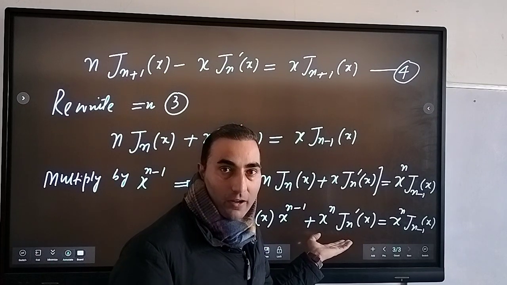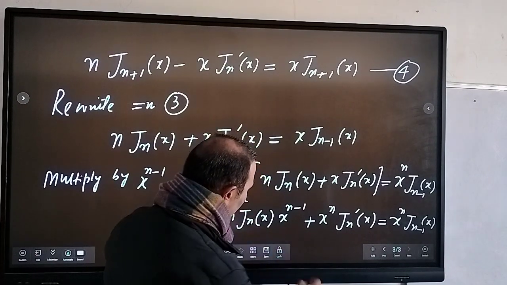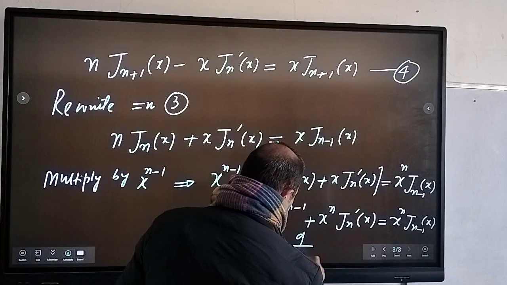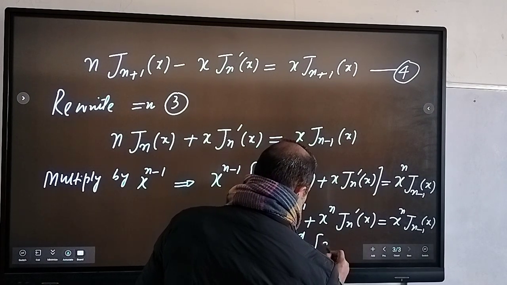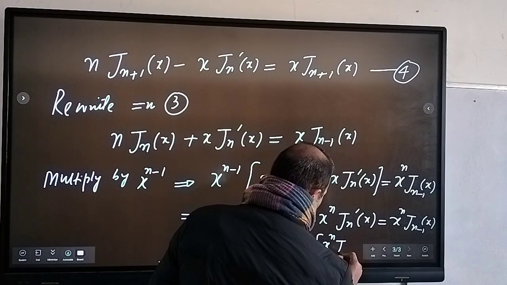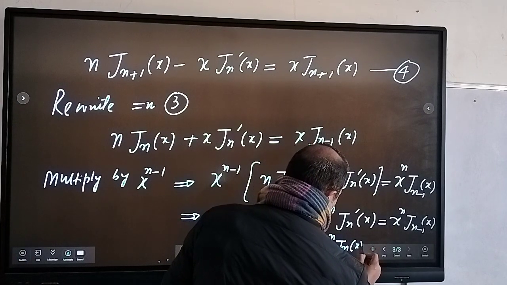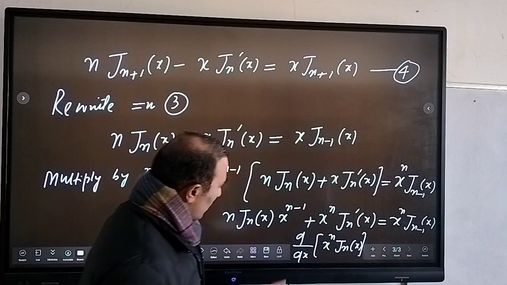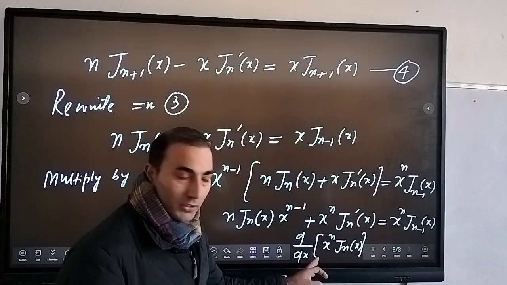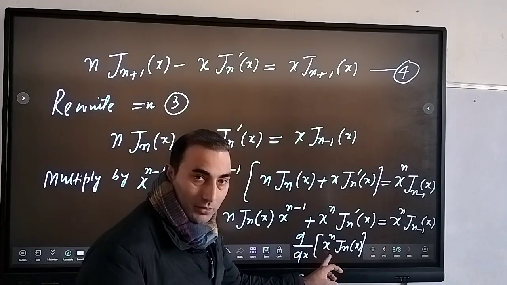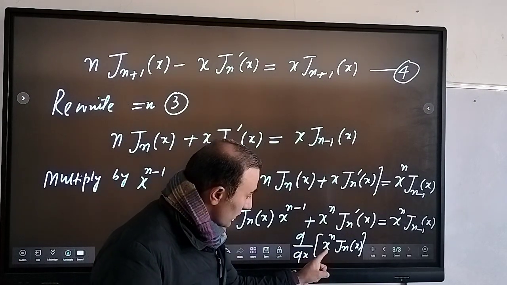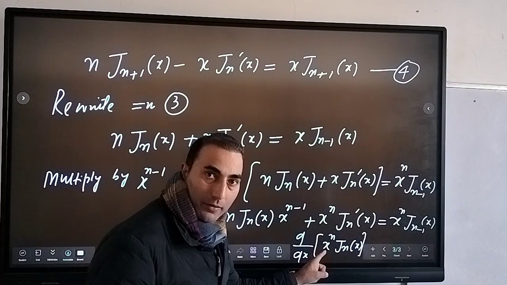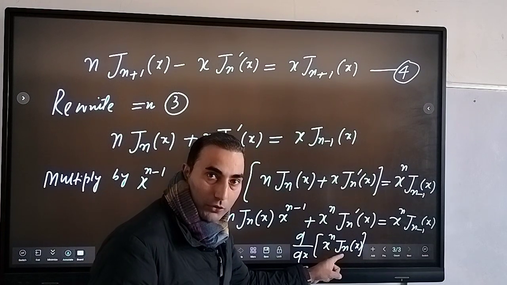The left hand side, you can rewrite this as d by dx of x raised power n Jn of x. Right? Because when you differentiate this with respect to x, first differentiate x raised power n, keeping Jn of x as constant, using the product rule.